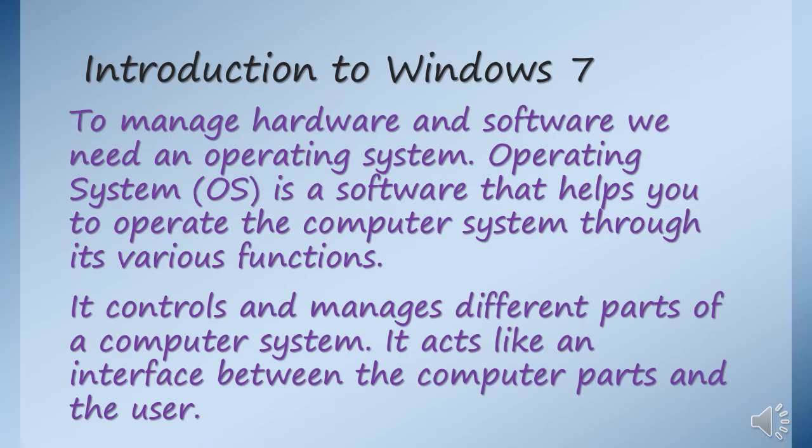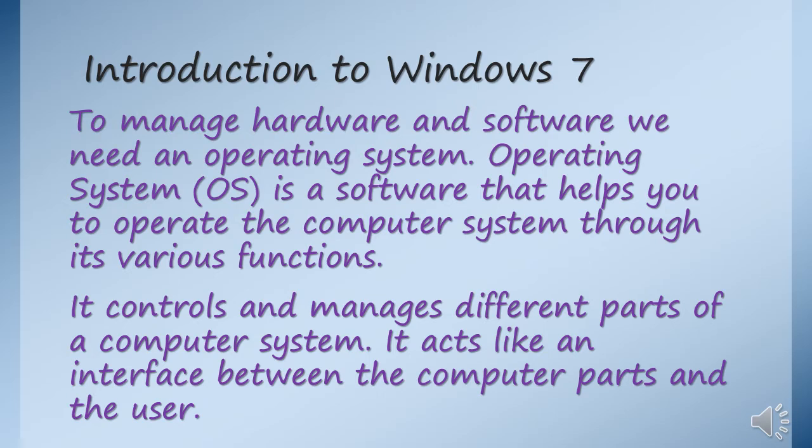Children, to manage hardware and software, we need an operating system. Operating system, that is the OS, is a software that helps you to operate the computer system through its various functions.